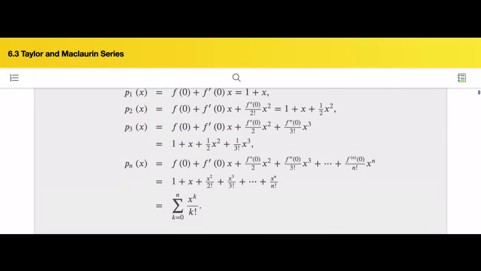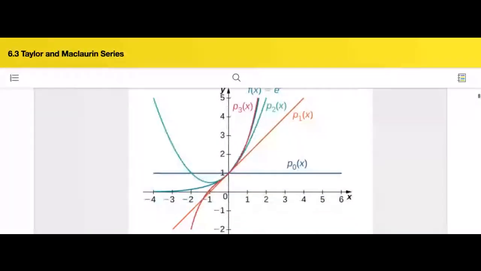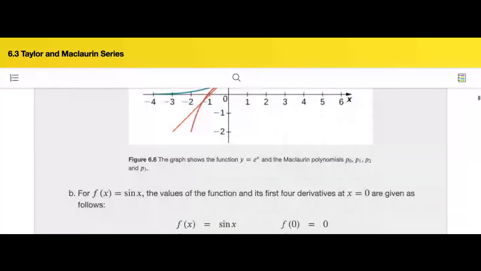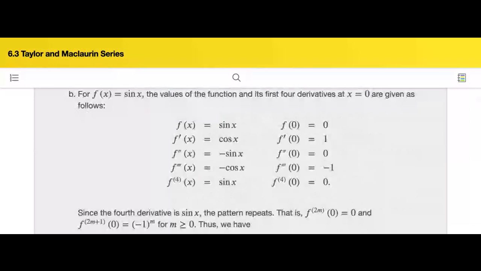Now let's see sine x. So let's take the derivatives of sine x. The first derivative is cosine x, the second derivative is negative sine x, the third derivative is negative cosine x, and the fourth derivative comes back to sine x because it's a periodic function, right?